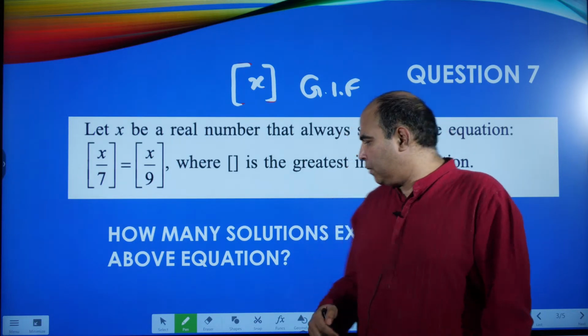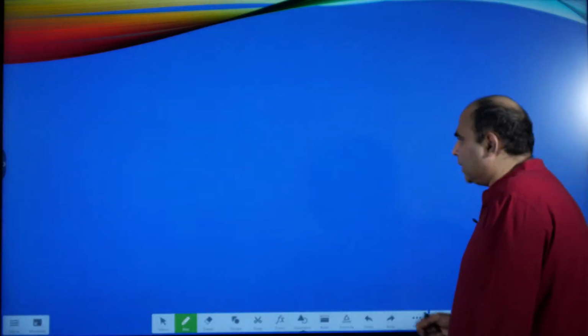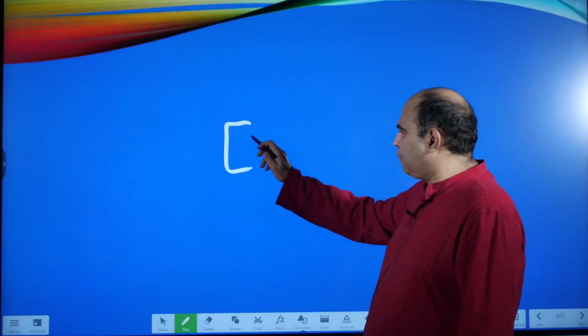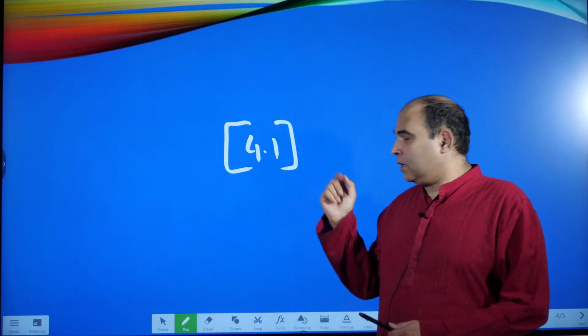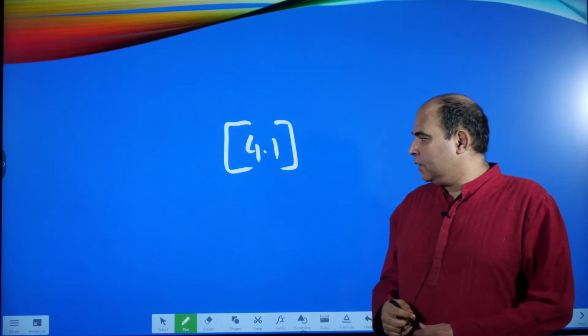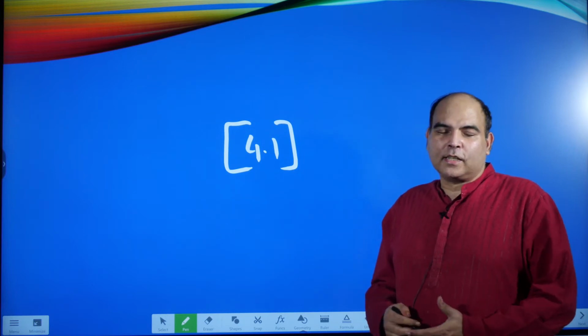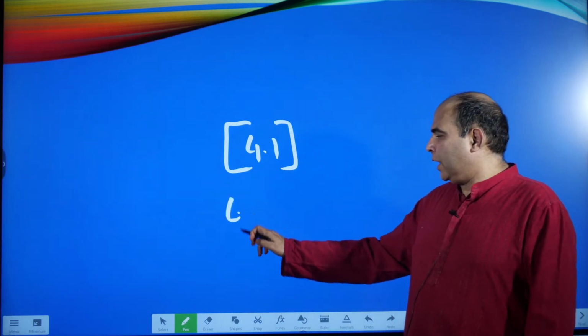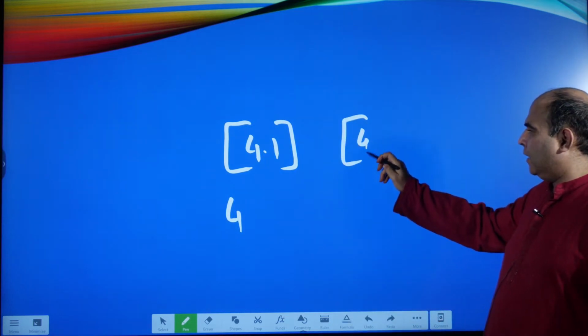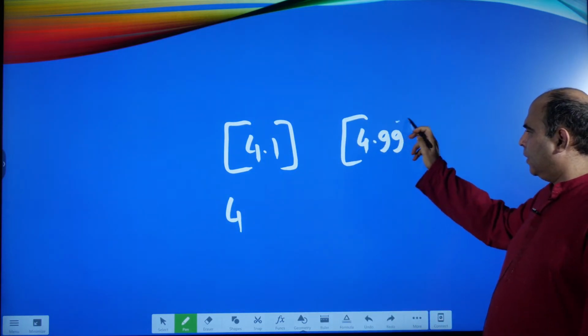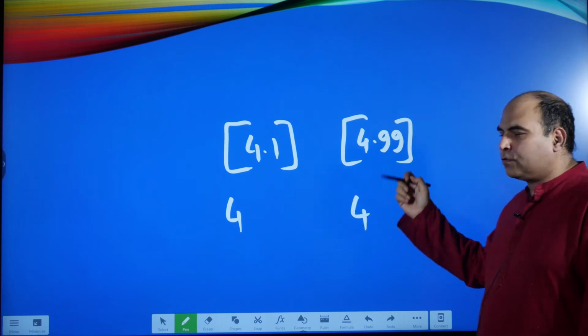So to simplify things, if I put 4.1, for example, in the square bracket, the value taken is 4. If I take 4.99, still the value is 4.